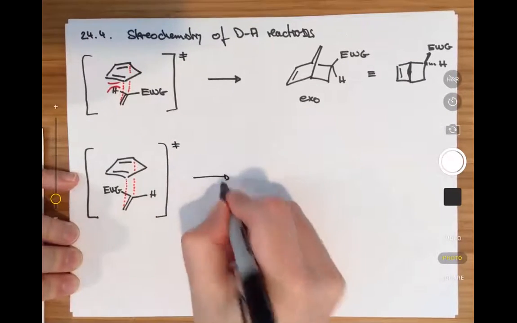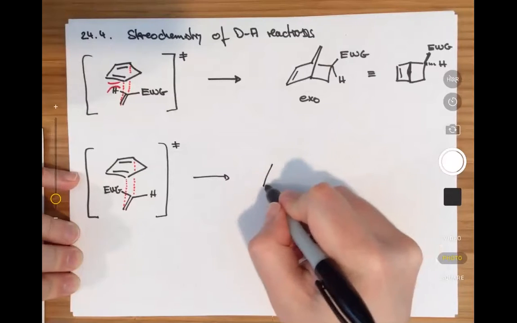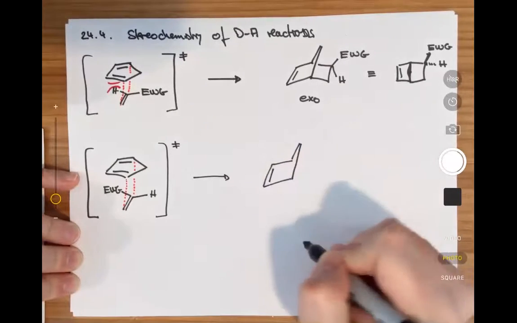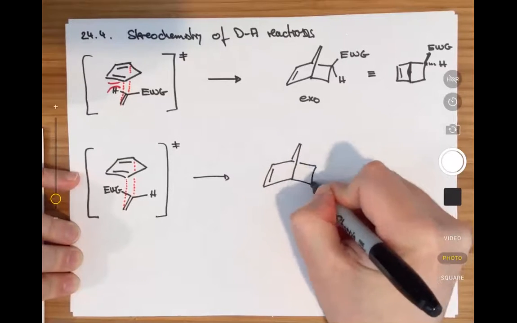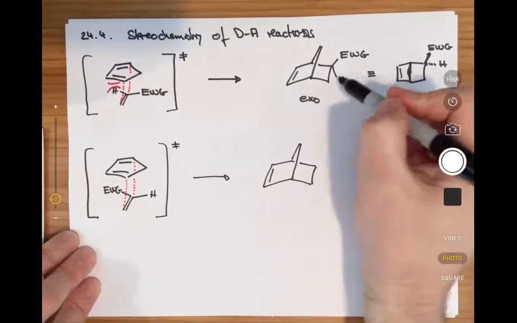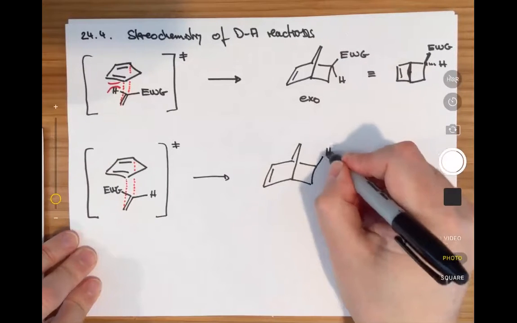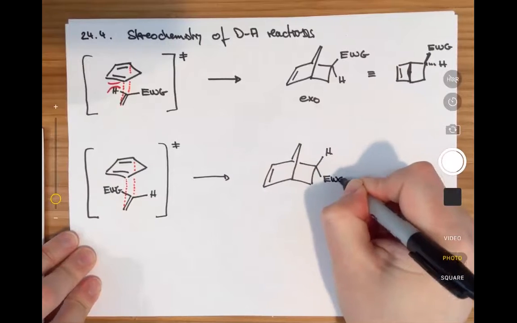And the product that you get out of this, again, is a bicyclic ring system. So this side of the ring system doesn't change at all. But on this side now, the stereochemistry at this position is inverted. So the hydrogen comes up and the electron withdrawing group points downwards.